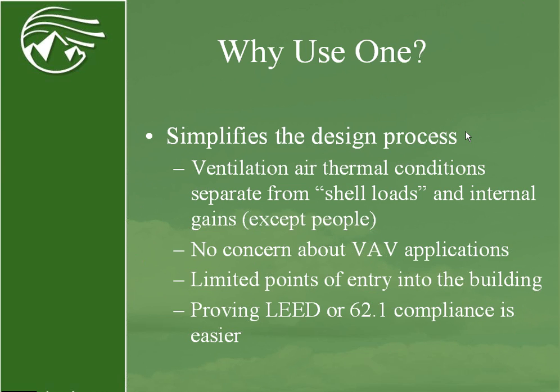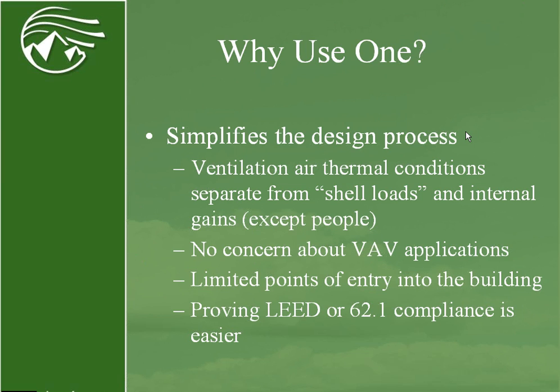So here are some of the other advantages of using a dedicated outside air system. It's going to simplify your design process because, like I said, we are decoupling those two load requirements. We're separating the internal load and the shell load of the building, those heating and cooling space requirements, from the ventilation air requirements that we have to heat and cool.